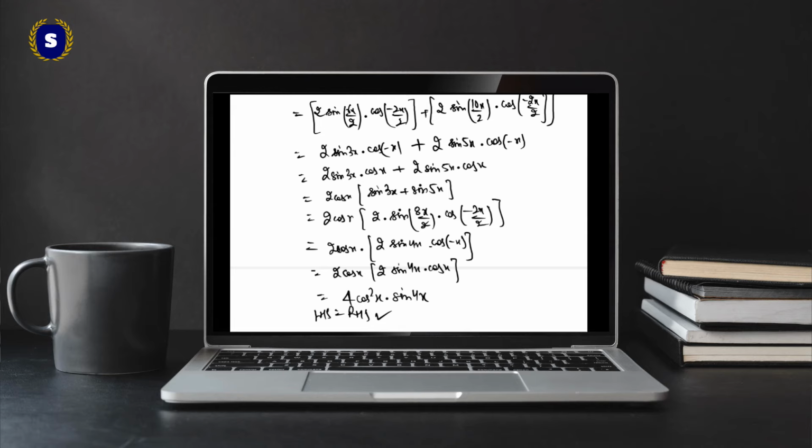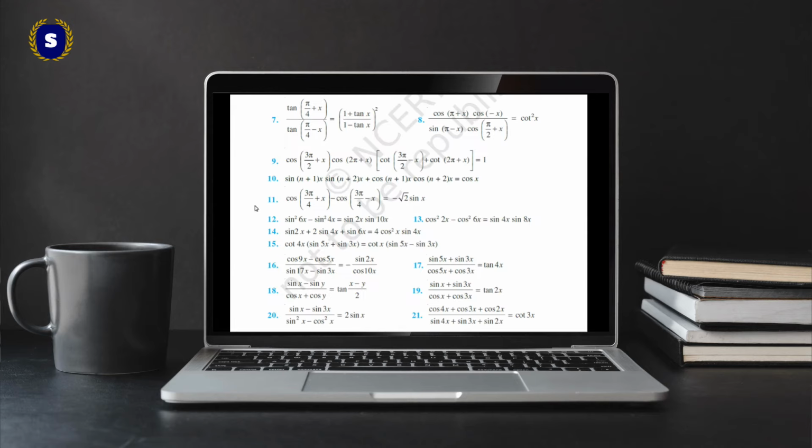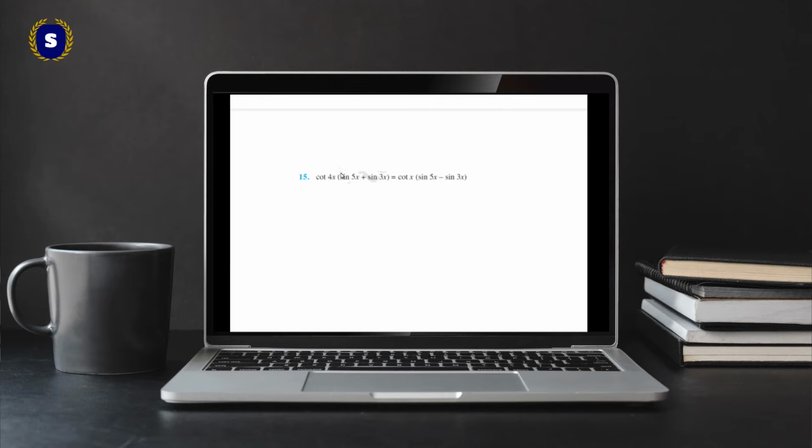Let's do the next question. That is question number 15. LHS is equal to cot 4x sin 5x plus sin 3x. So this will become cos 4x upon sin 4x.